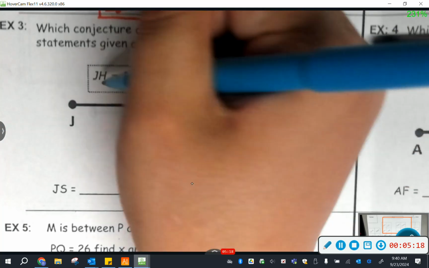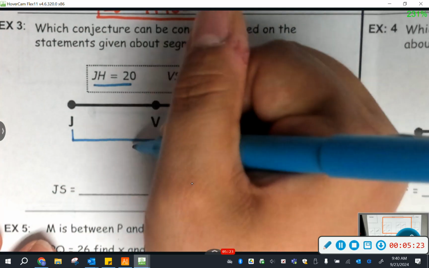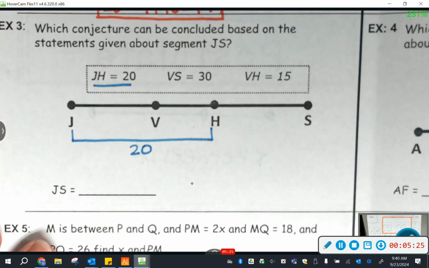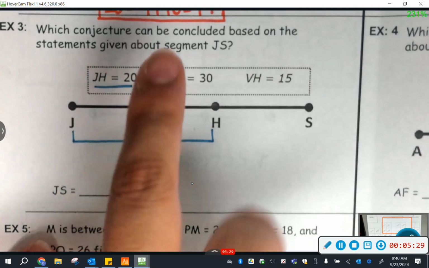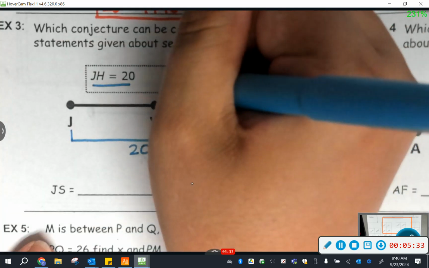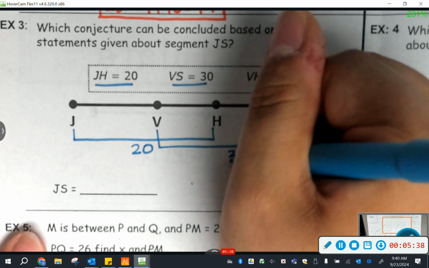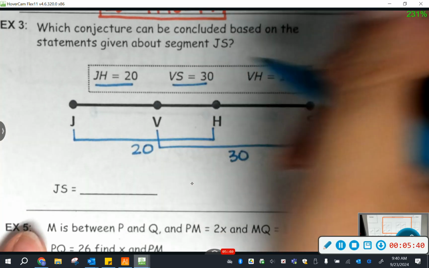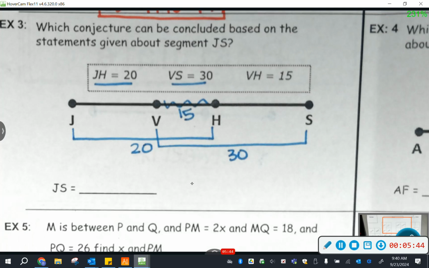If I tell you JH is 20, from J to H is 20. By the way, on your test, you're going to get points for labeling your line segments. Please make sure you do this. VS is 30. V to S is 30. And V to H is 15. How do I find JS?